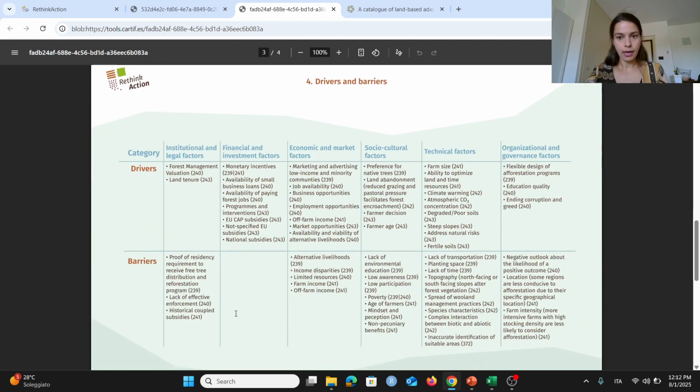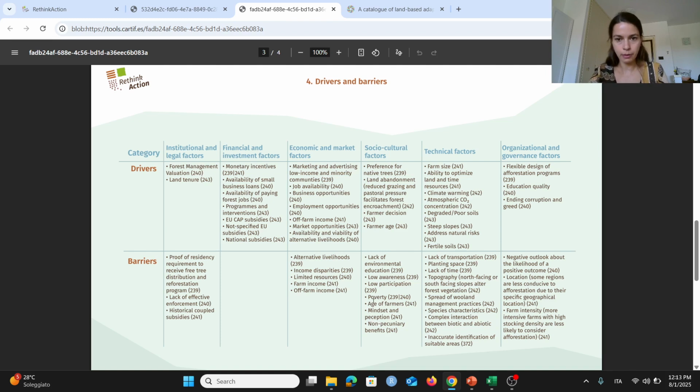Drivers and barriers, again, a list based on literature review of scientific articles. Just looking at some drivers, it could be land abandonment. So if land is not used for other purposes, then it's easier that it can be converted to forest.